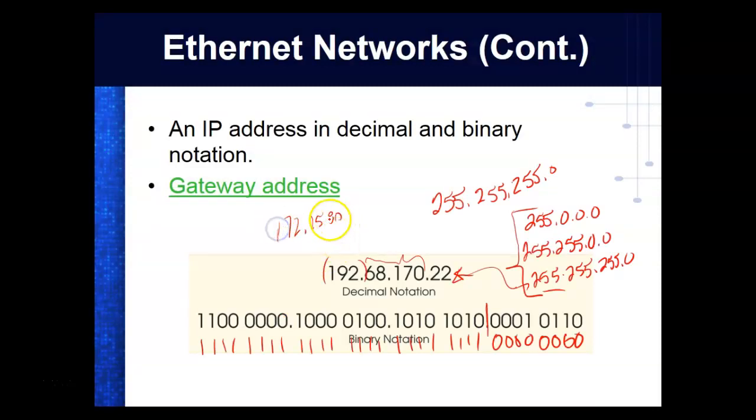But the college's is not 80. I think the college is 172.25.60. Then we use this right here to identify the actual computers. So our subnet is different from the college's subnet for the Class C that they're using.